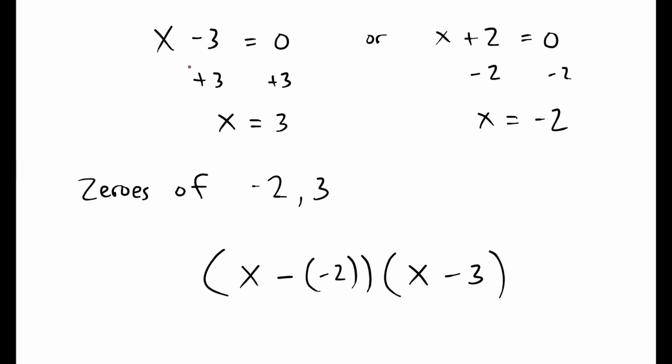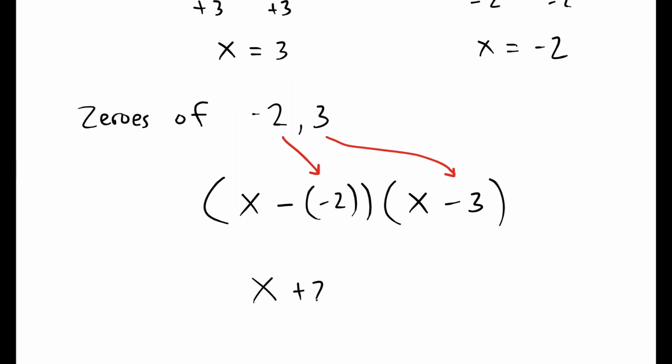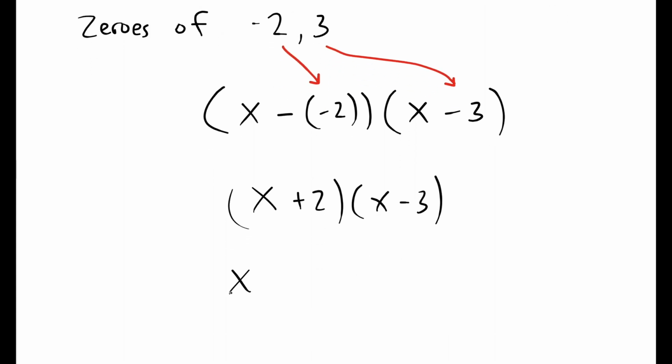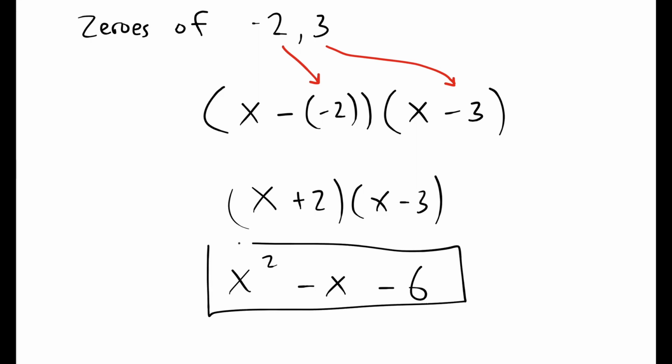What you do is you take the zeros and put them into these factors. Then you can simplify it and reconstruct the polynomial that you're looking for that has those zeros.